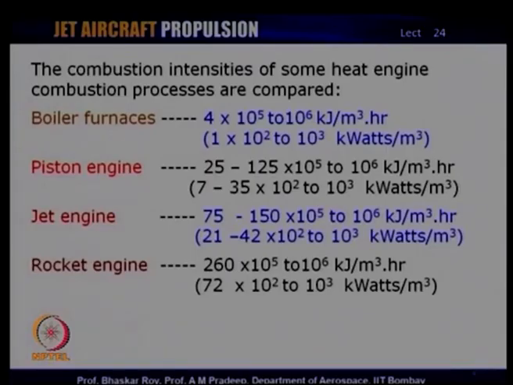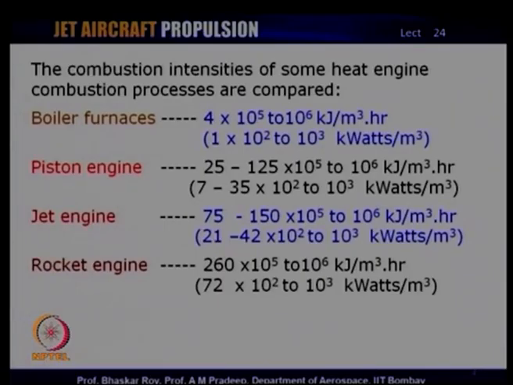If we look at boiler furnaces that are typically used in steam engines, the kind of heat release we are talking about is 4 into 10 to the power 5 to 10 to the power 6 kilojoules per meter cube per hour, and that is roughly 1 into 10 to the power 2 to 10 to the power 3 kilowatts per meter cube.